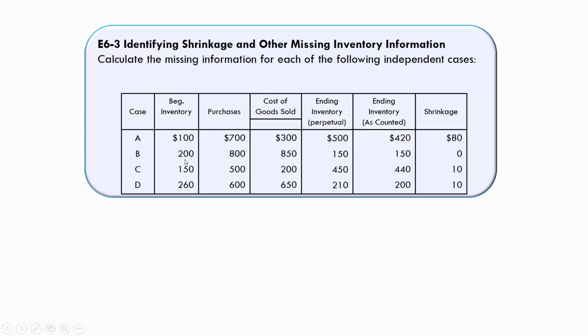You can go through this. This is 1,000, this is 1,000. This is 650, this is 650. This is 860, this is 860. So that's how we make the calculations. These two should equal these two. And to calculate shrinkage, it's the difference between what we expect under our accounting records and what actually exists.